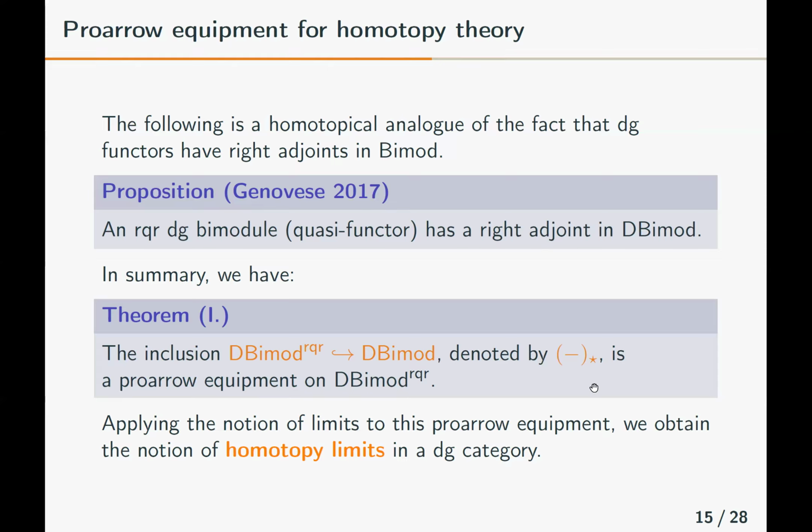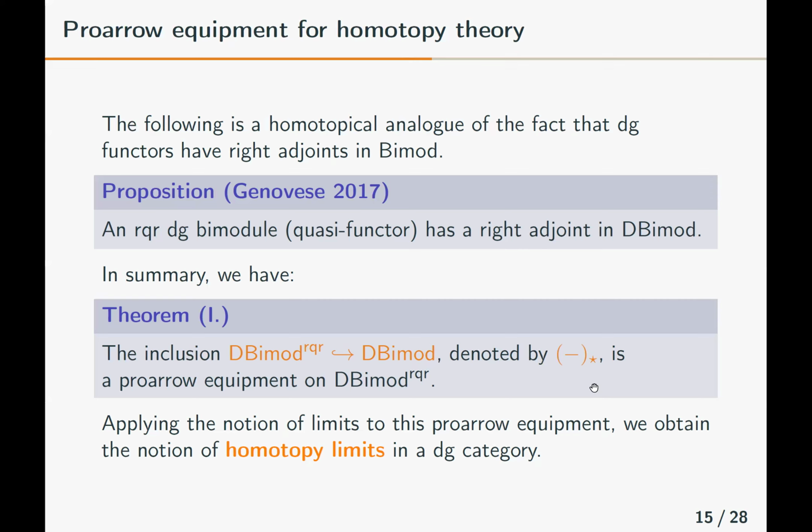So we obtain a new pro-arrow equipment for DG categories, whose base bicategory consists of quasi-functors. Therefore, it reflects the homotopy theory of DG categories.